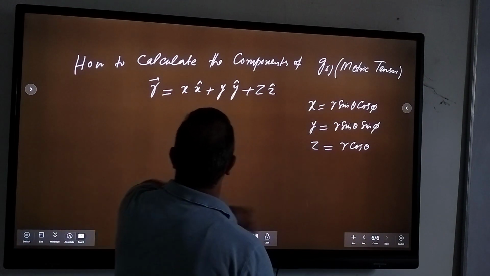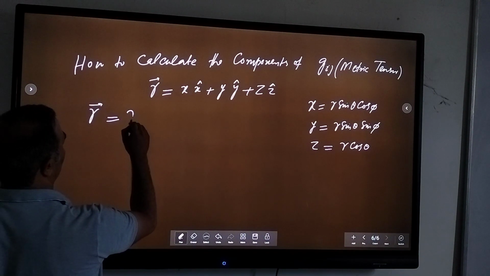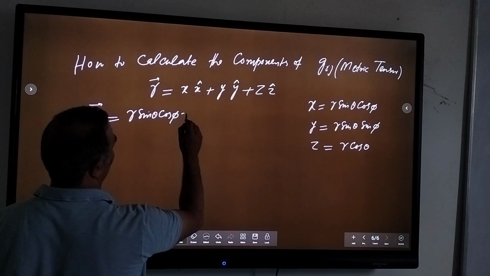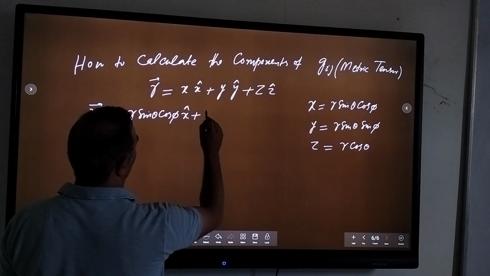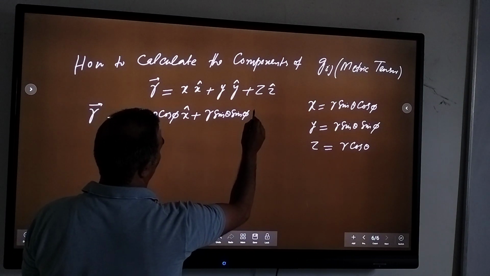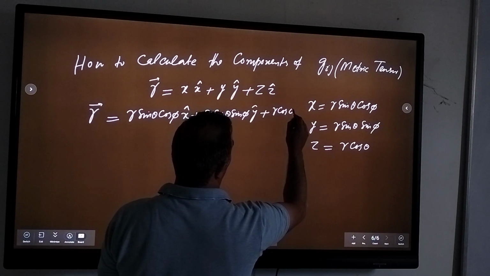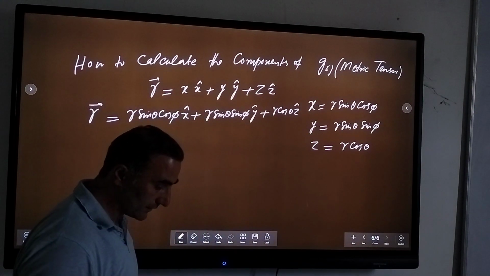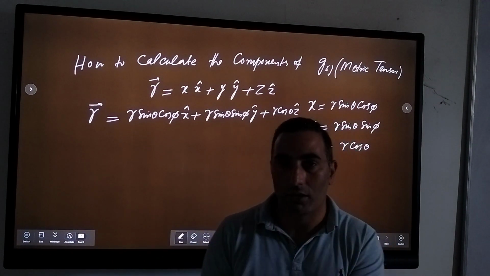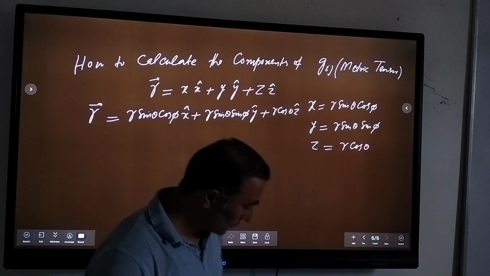So let's use it here. So I simply write x, y, and z in spherical polar coordinates. So that is r sin theta cos phi, r sin theta sin phi, and z equal to r cos theta, right?